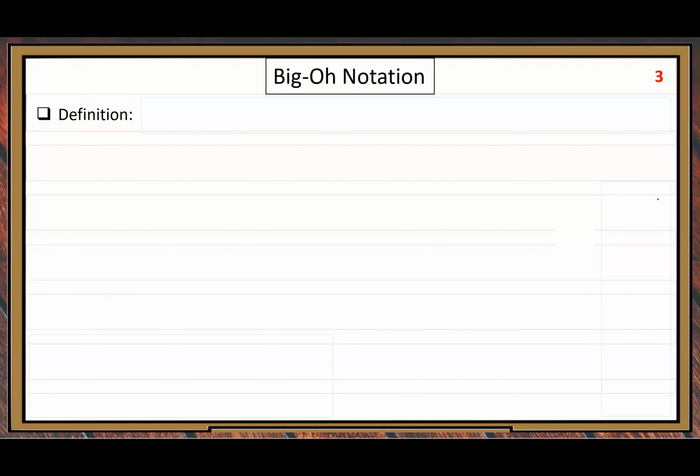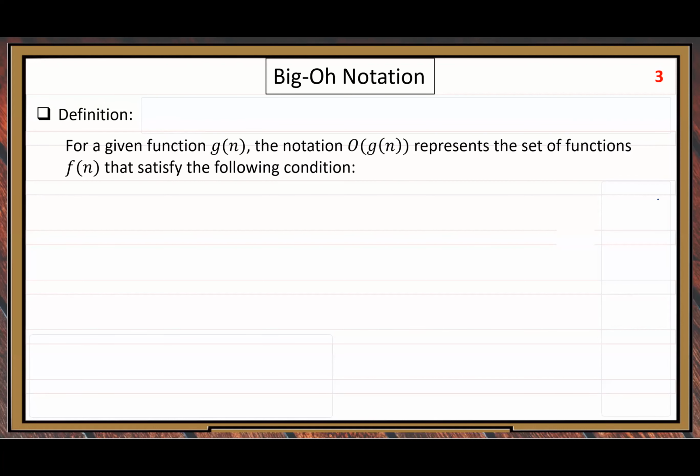So what's the formal definition? For a given function g of n, the notation big O of g of n represents a set of functions. You know the set concept.